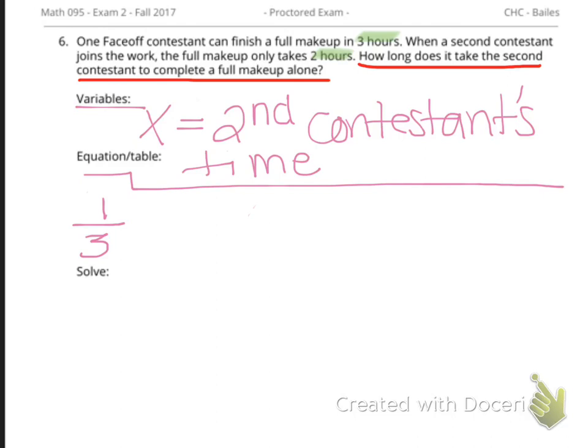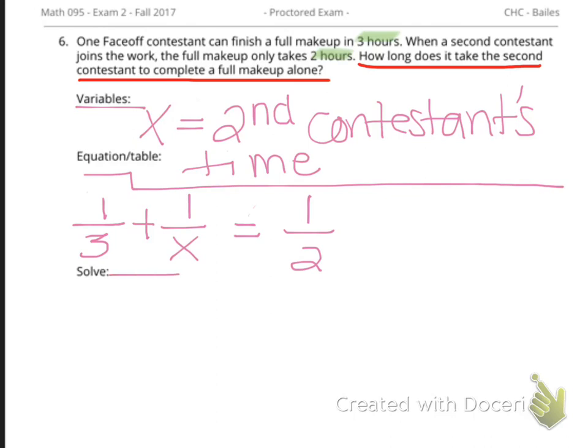When the second contestant joins the work, working together, they complete the same single job in only 2 hours. And the second contestant completes the same single job in an unknown amount of hours. This is our equation that we're trying to solve in the solve section.